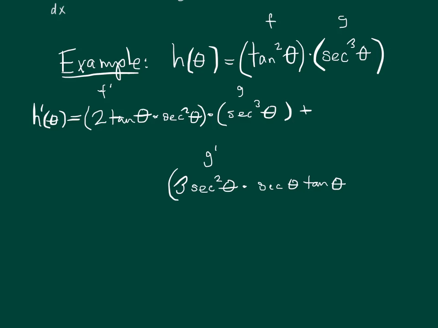That's g prime. And finally we multiply by f, which is tangent squared theta. Okay? So each of these derivatives here was itself a chain rule.